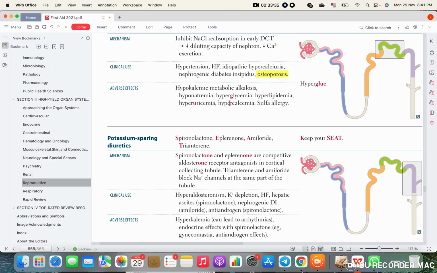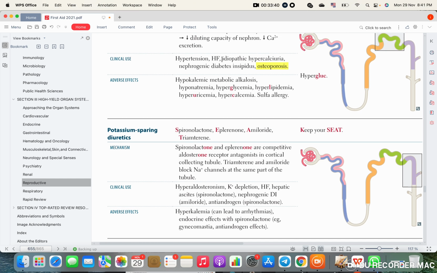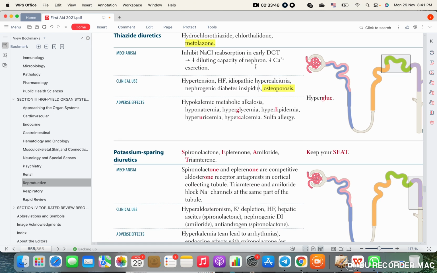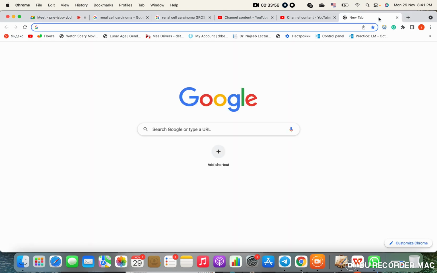So here they write that the patient can use it as well for nephrogenic diabetes insipidus. Now this one gets all of the students tricked. The moment they see this one, they try to understand it for a million years. Personally, the first time I saw it, I got flipped myself.